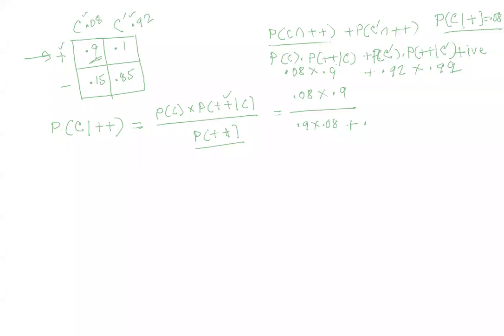Sorry, my bad. The probability of not having cancer is 0.92, right? And probability of testing positive twice, given that the person does not have cancer, is 0.1. So this should be 0.1. So 0.92 times 0.1. And if you do the calculation, how do you get that number for you?